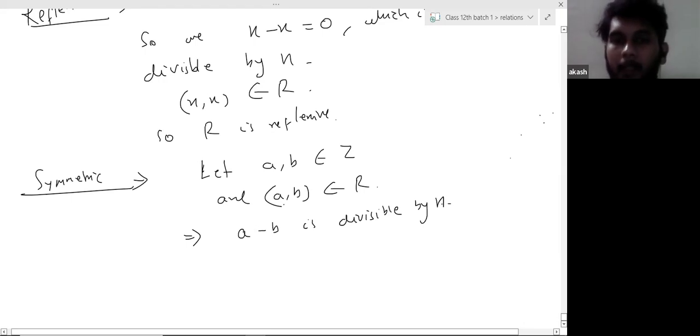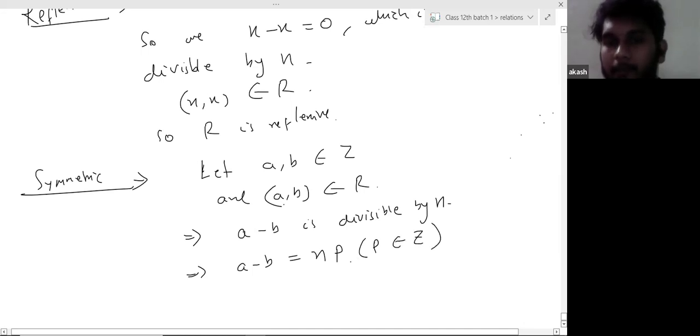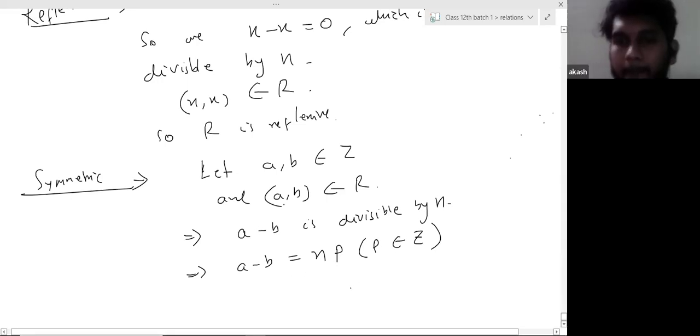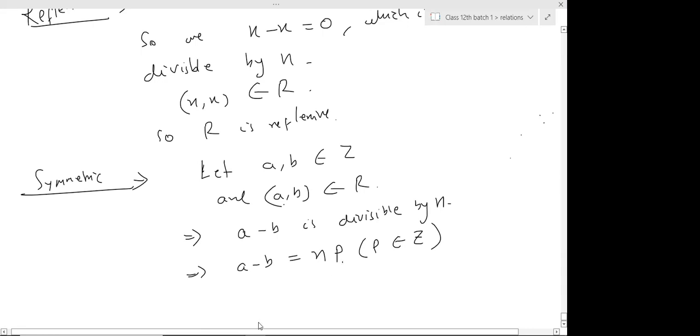Now can I write that a minus b is equal to n times p, where p belongs to any integer? Can I write this one? Yes. All right, Kulsum, Ronaldo, this line is clear. Yes, sir.